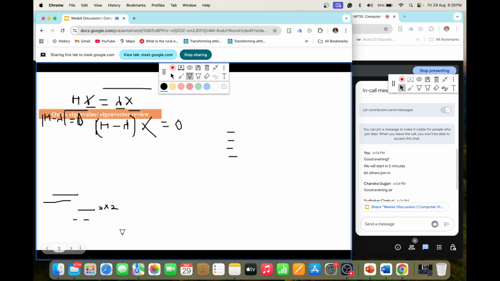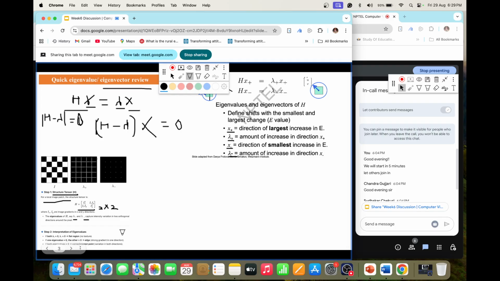If both your eigenvalues are very small or very close to 0, then there is no significant change. No significant change means it is a flat region. If one eigenvalue is large, greater than 0, and the other eigenvalue is significantly less, how much less will depend on the threshold, but you can easily compare that one eigenvalue is very much greater than 0 and the other is close to 0.